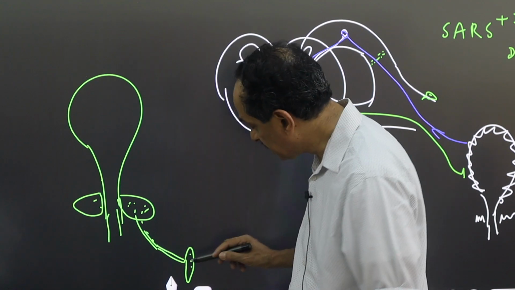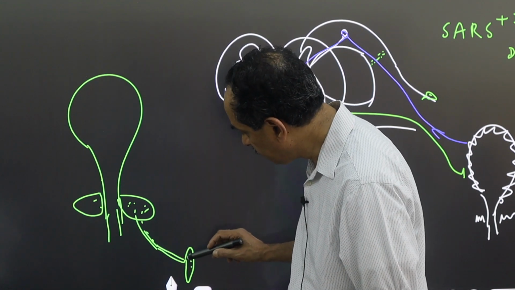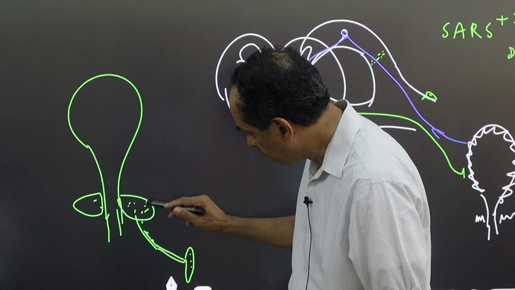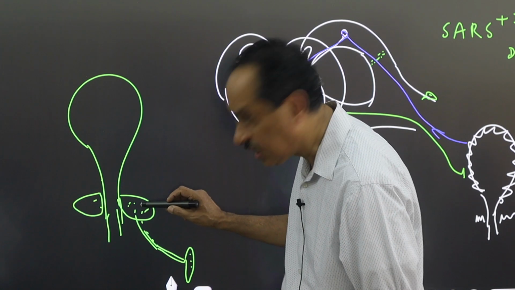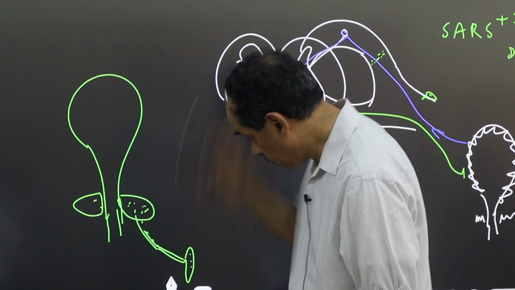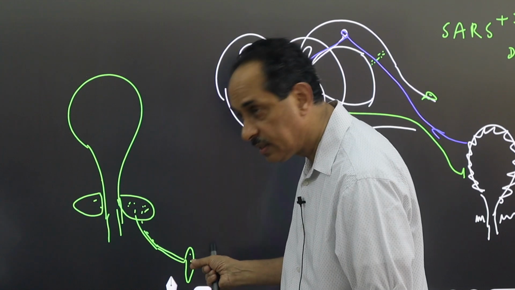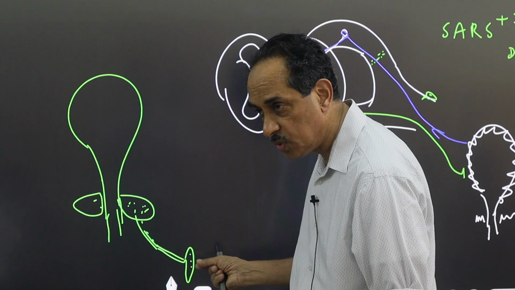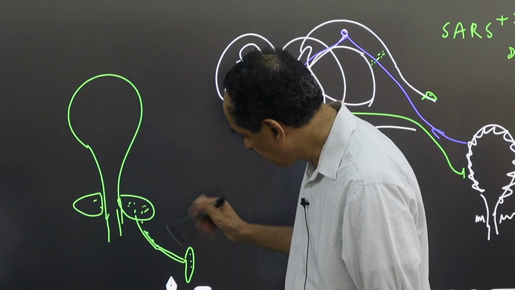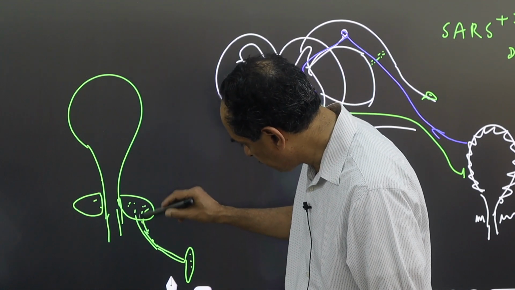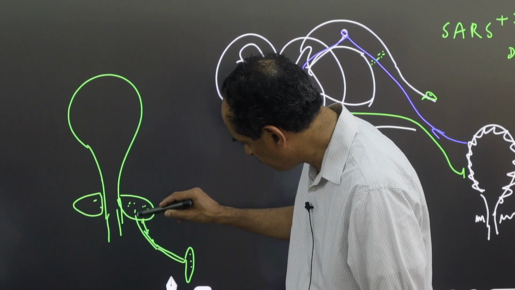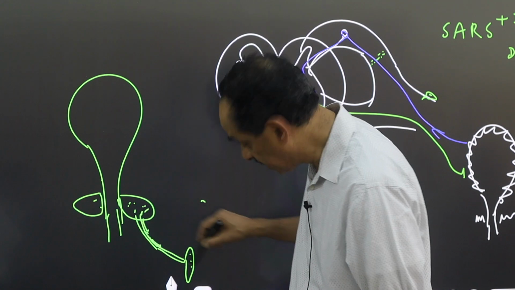So at rest, the fluid will remain around the urethra. When you want to micturate or reduce the bladder neck pressure, you have to squeeze the bulb. When you squeeze the bulb, there is a valve, and the fluid comes out into the reservoir.